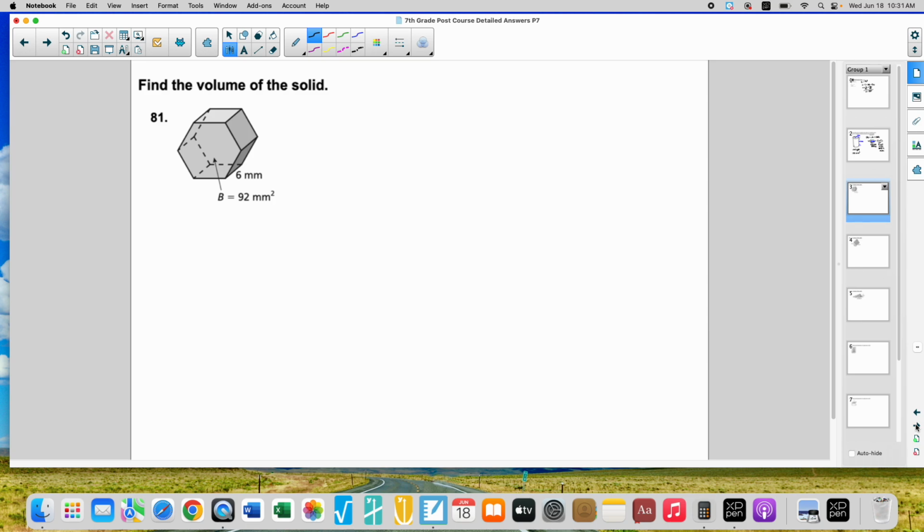Find the volume of the solid. For a 2-base figure, volume equals big B times H. Big B is the base area, so we have to find the area of this hexagon. That's interesting. Here is the base area. Nice, they give it to you.